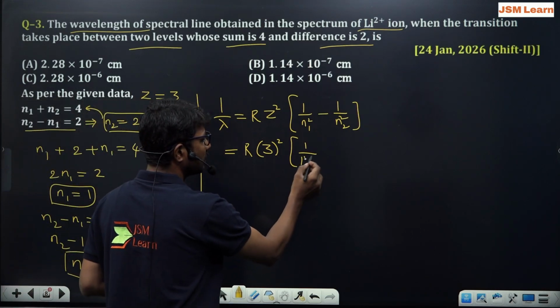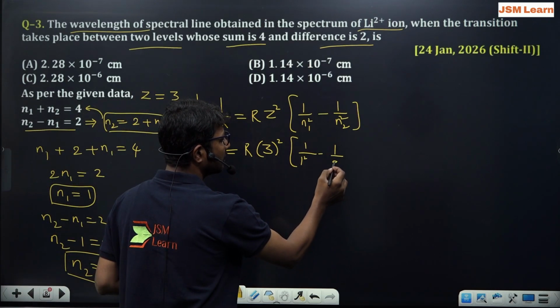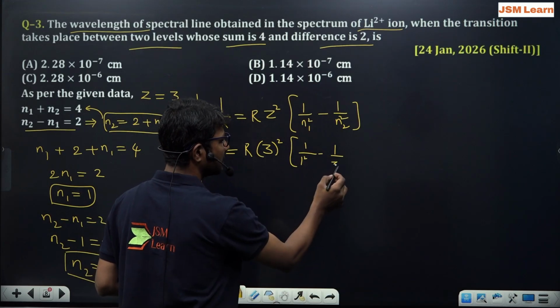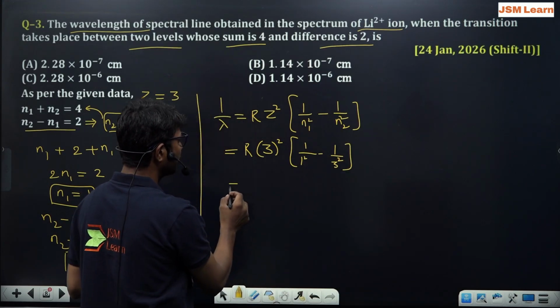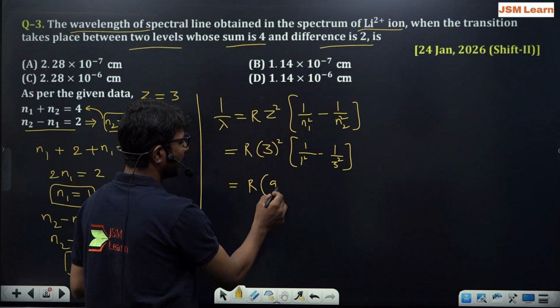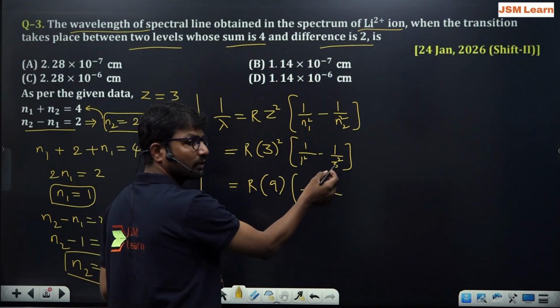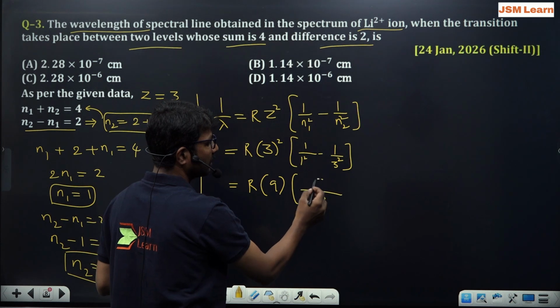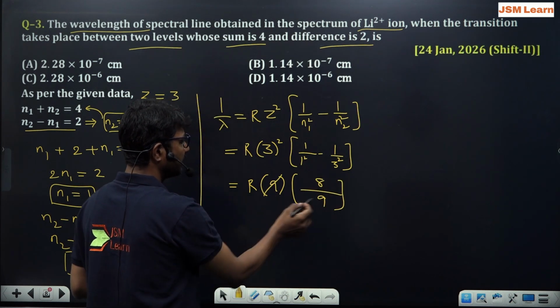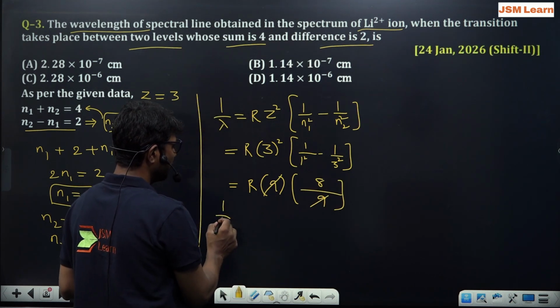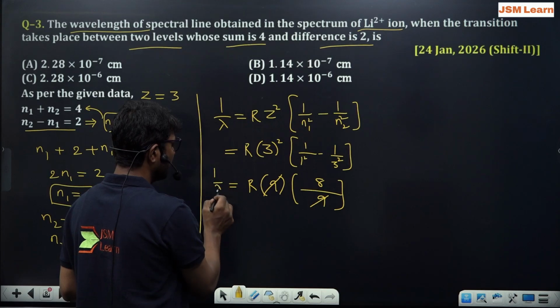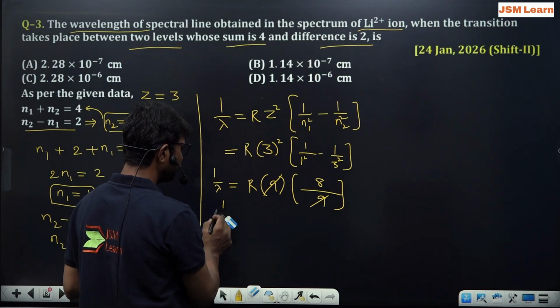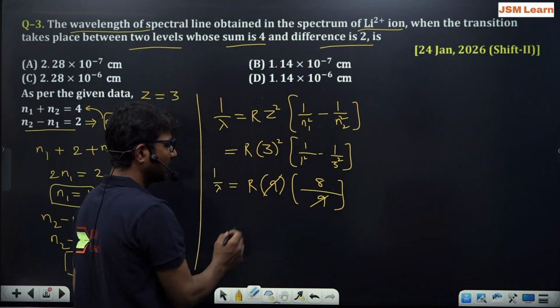So 1 square minus 1 by 3 square. So now, R into 9. Here 3 square is 9. So on LCM, we will get 9 minus 1, 8. So the 9s get cancelled. Here the 1 by lambda value we got as R into 8, or 8R.